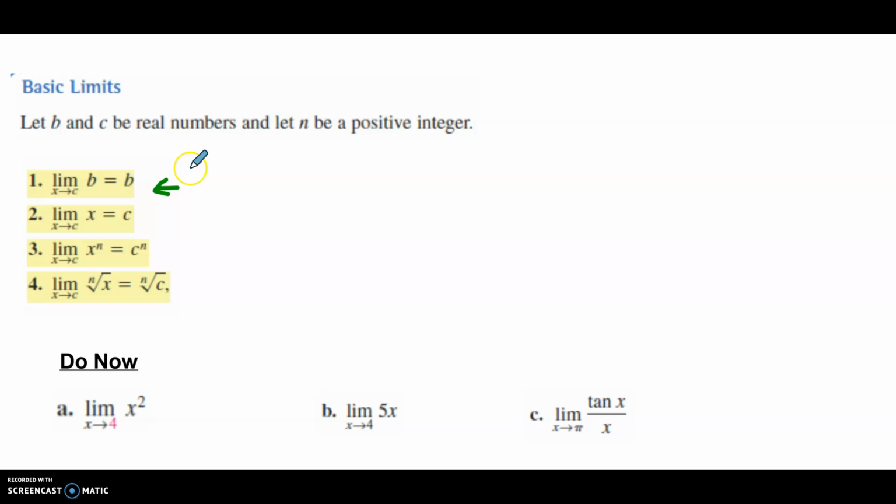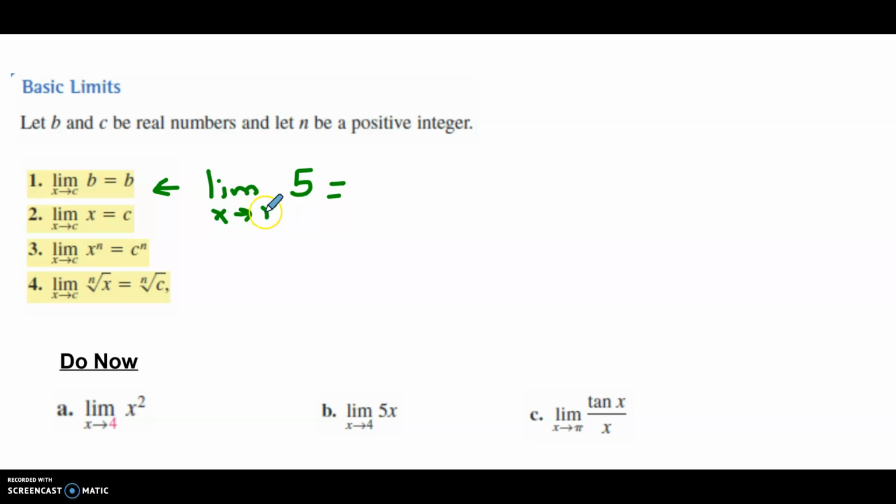this is just stating that the limit as x approaches c, where b is a constant, right? So an example of this is the limit as x approaches 1 for 5. Well, we want to know what is this going to equal?